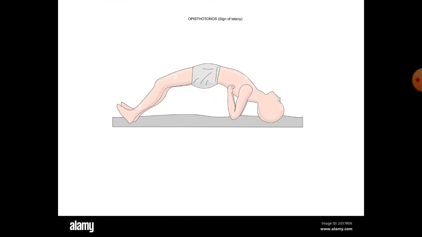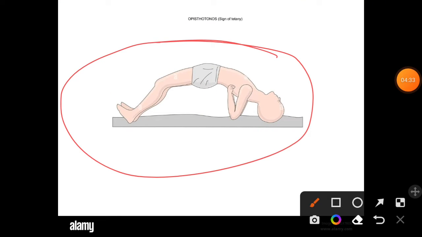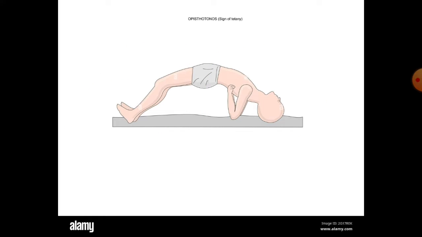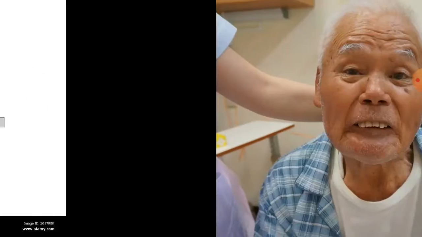So what will it look like? That is the condition of opisthotonus. As you can see, highly arched back and the patient resting on the head and heels. What a dangerous condition it is, as you can see.